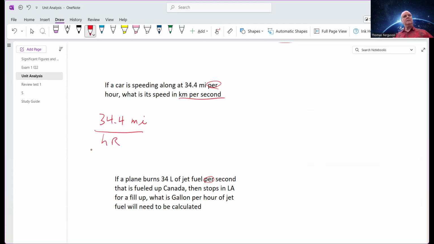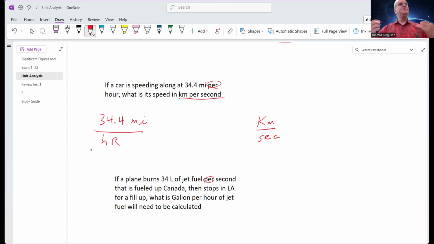And you're trying to calculate it into another fraction. Now, fractional problems are two problems built in together. The numerator and the denominator are separate problems. So we need to get hours to seconds and we need to get miles to kilometers. Separate conversions. Okay?